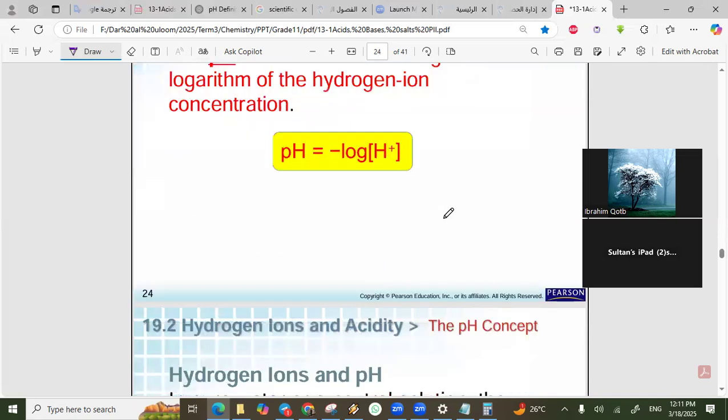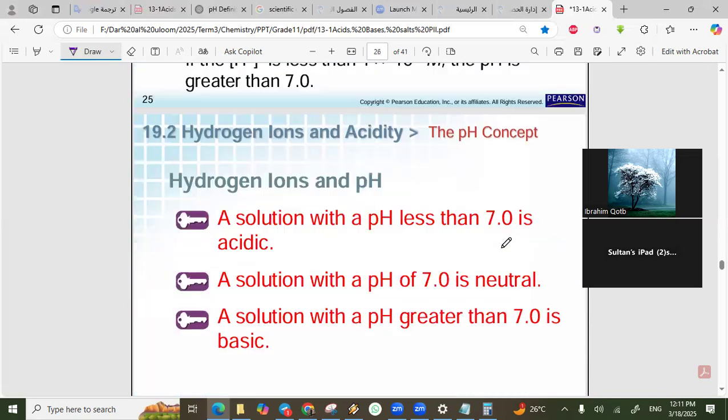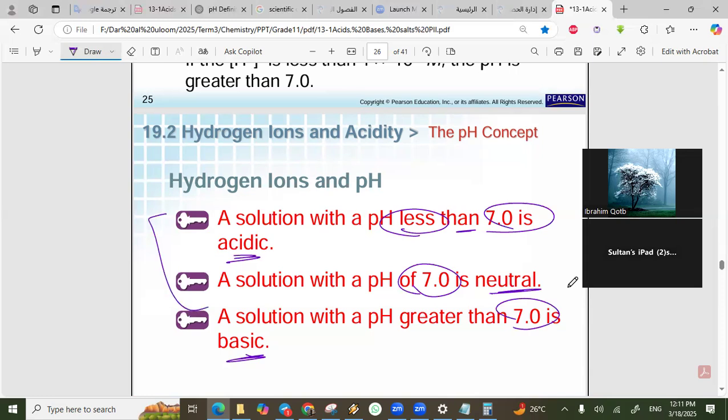If the pH equals 7, the solution is neutral. If it is less than 7, the solution is acidic. If it is more than 7, the solution is basic. This is important. You have to know: 7 neutral, less than 7 acidic, more than 7 basic.